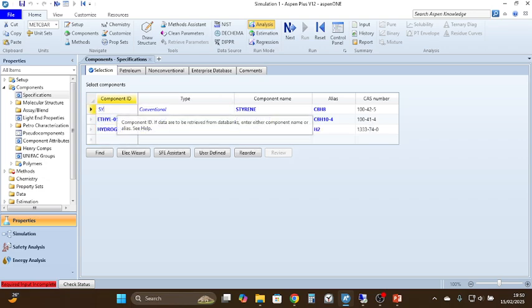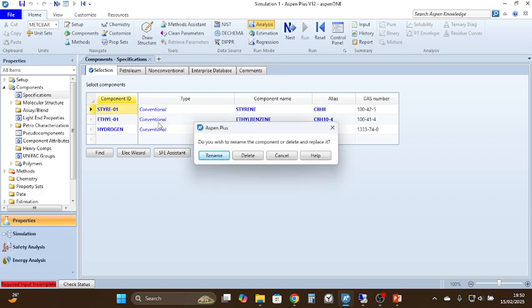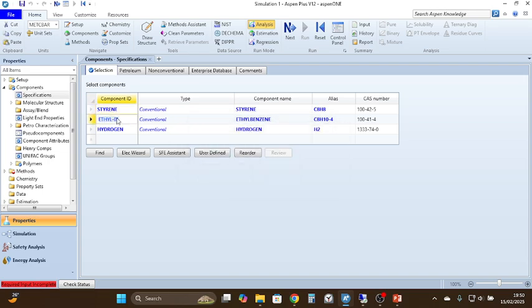So we name this as styrene. This is ethyl benzene.